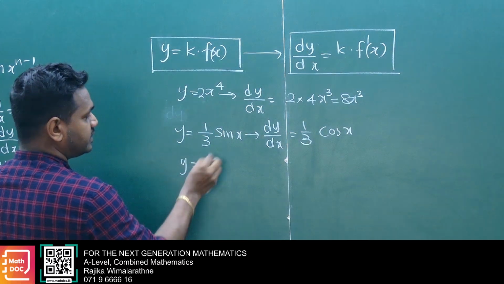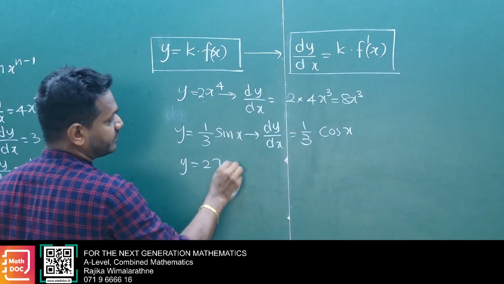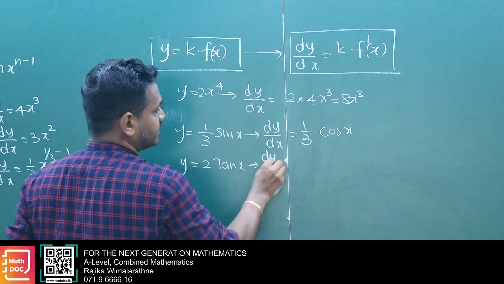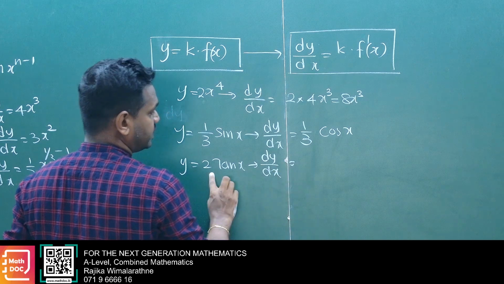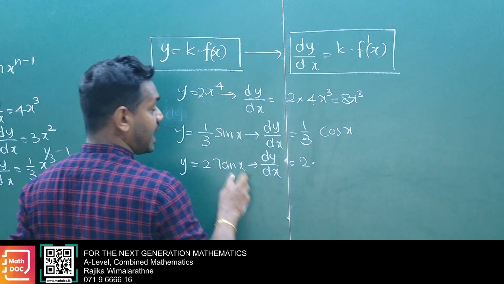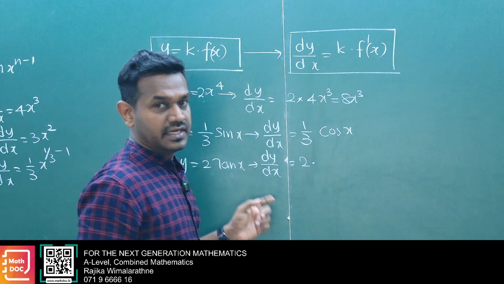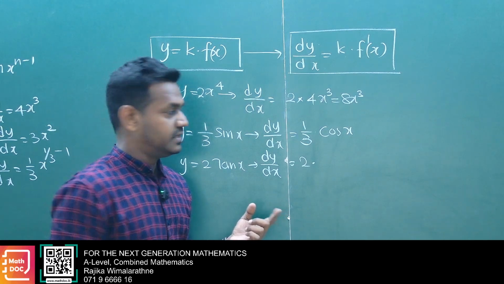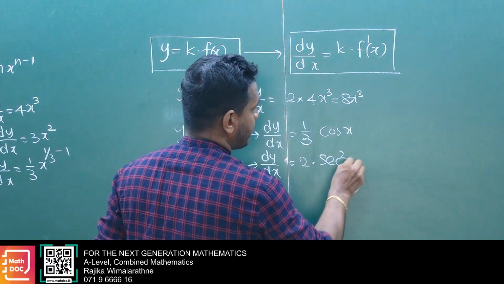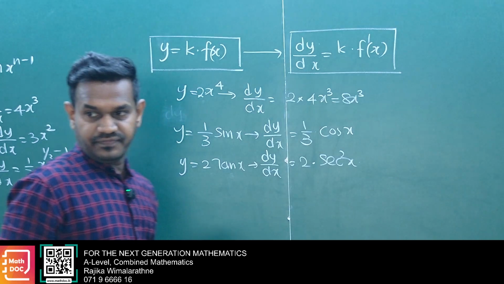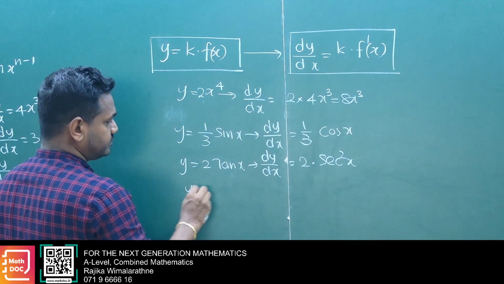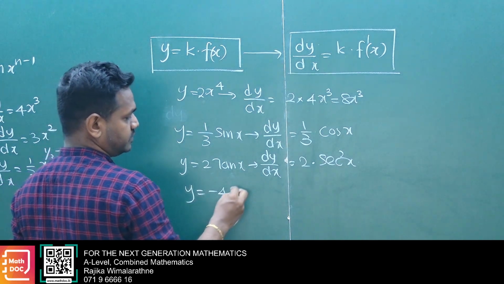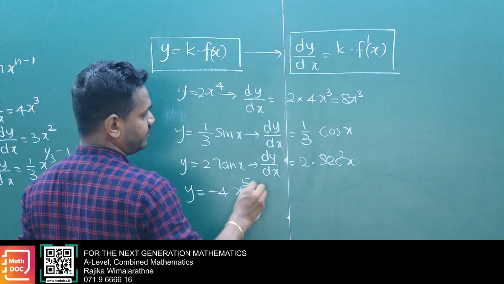Then y equals 2 tan x. Then dy by dx: constant times the derivative of tan. Go to that table, tan derivative is sec squared x. Then y equals minus 4 x to the power 5.